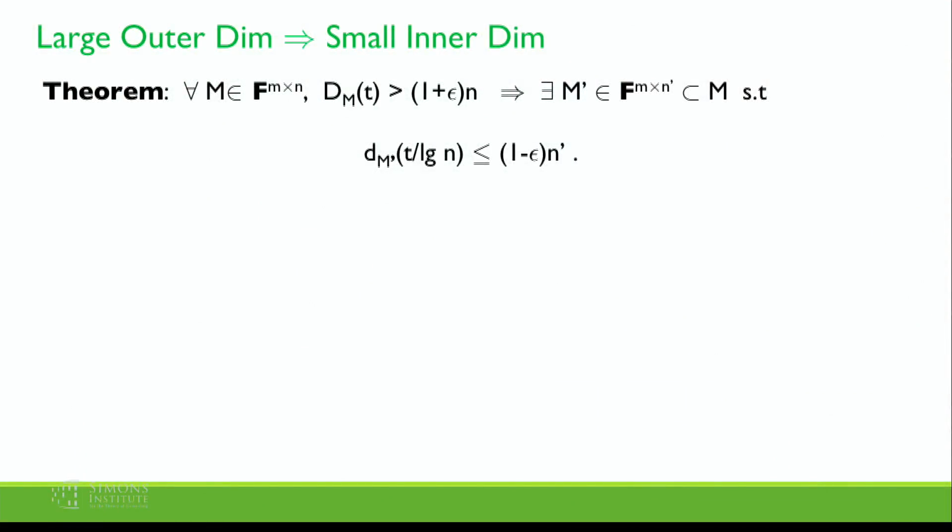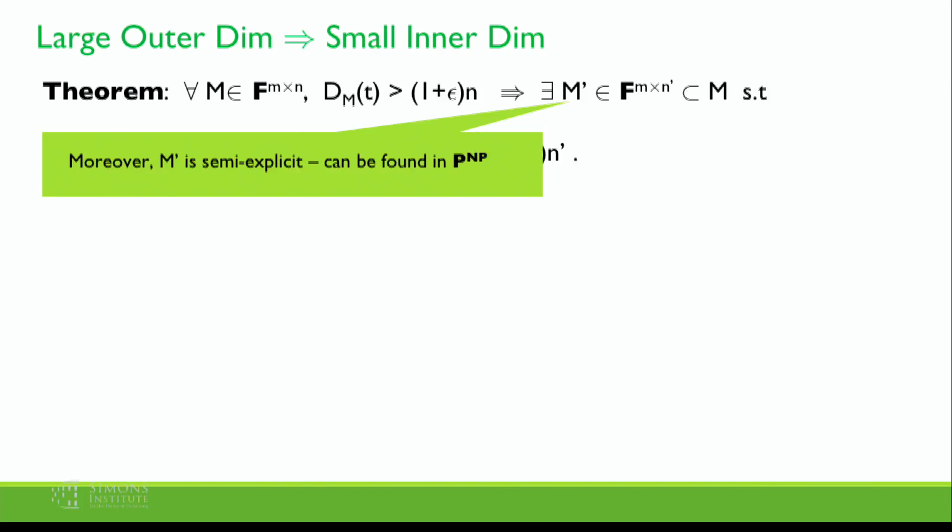By this characterization, that exactly means this new matrix M prime is epsilon n, t over log n rigid. You can ignore the parameters, but morally speaking, this is what's going on.